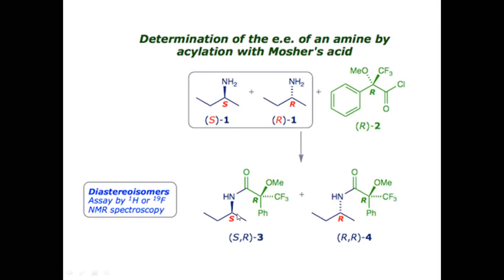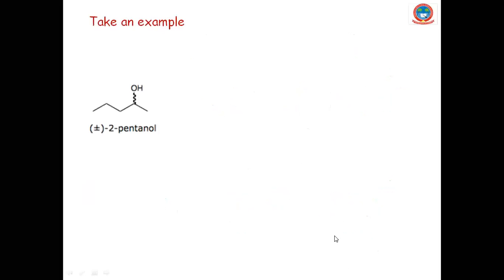Now, can we deprotect this group? Yes. You just add NaOH and this will remove this group, and you can separate these two compounds. Fine. For example, see, there is a mixture of 2-pentanol. It is chiral but a mixture. Two compounds are there, plus and minus.